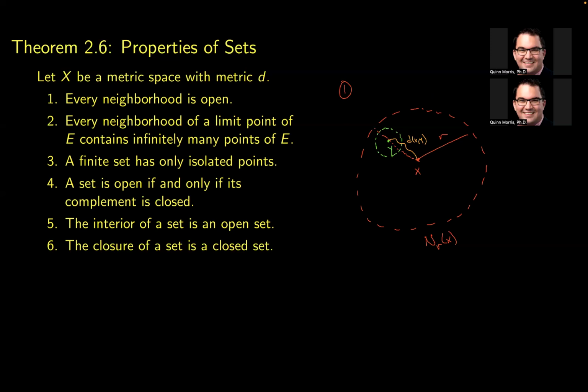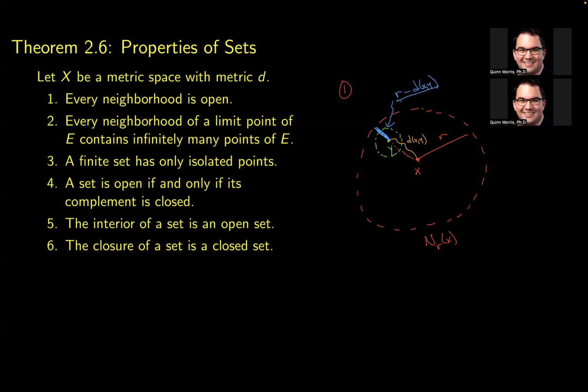And the remainder, this piece here in blue, is R minus the distance from X to Y. For this green set, I want to make sure I stay totally inside. I could just use R minus D of XY, but to really make sure I don't run into anything, I could make the radius of this green circle half of that distance, so that I don't come anywhere close to the boundary of the red set.